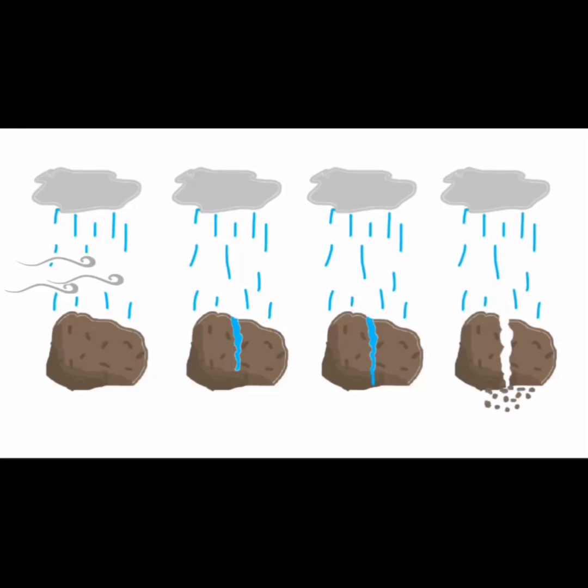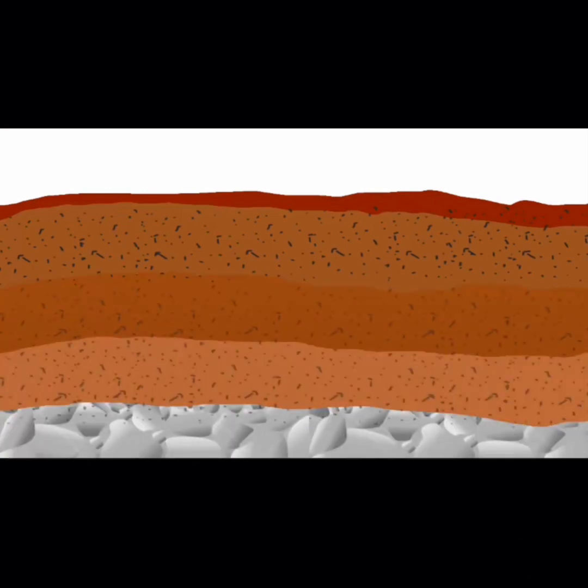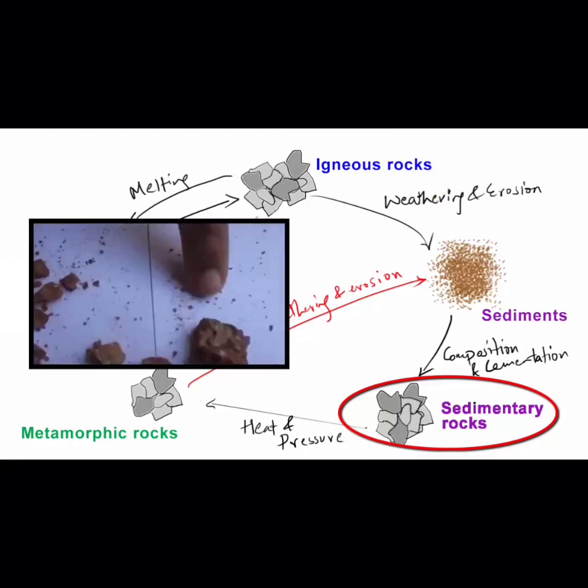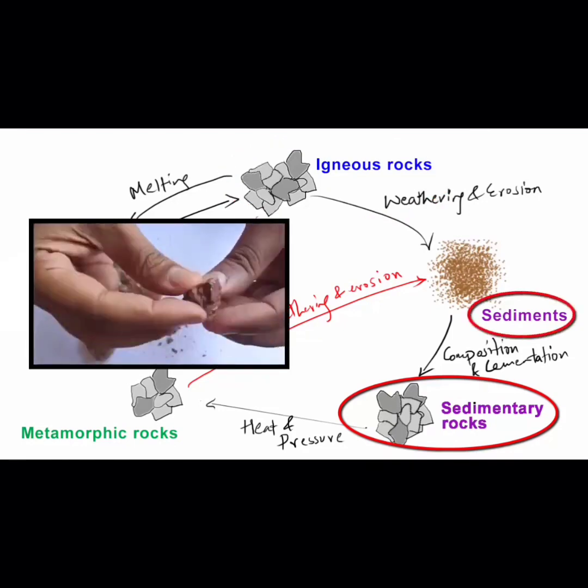These small sediments are buried under layers over layers with time and pressure. They cement together into sedimentary rock. So that was the formation of sedimentary rock from igneous rock. Now this sedimentary rock has the tendency to break into smaller soil particles or sediment.